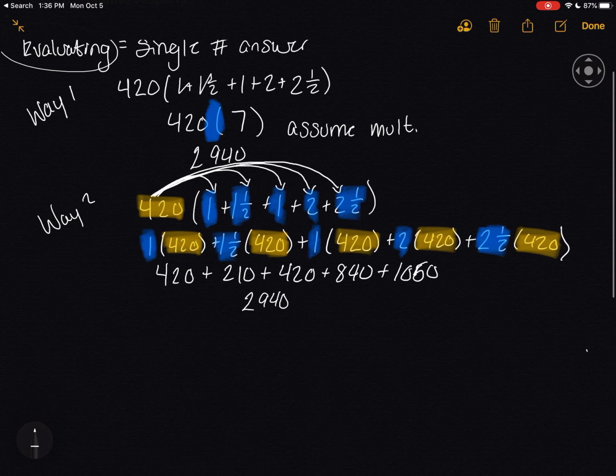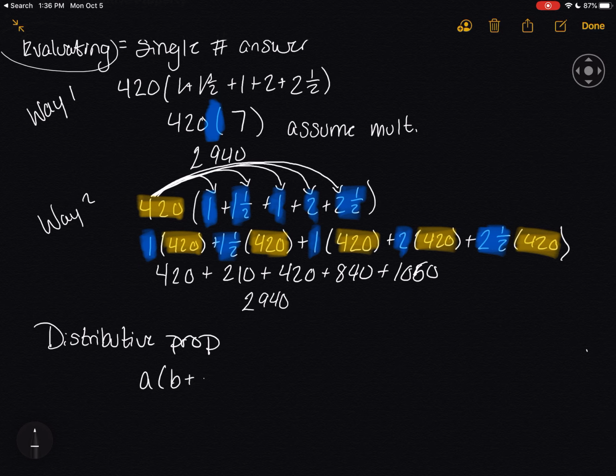So if we're talking about the distributive property in general, what we have is something like A times (B plus C), and this is just an example with variables, and it could also be minus. What that equals is AB plus or minus AC.